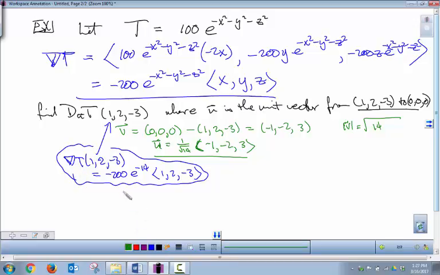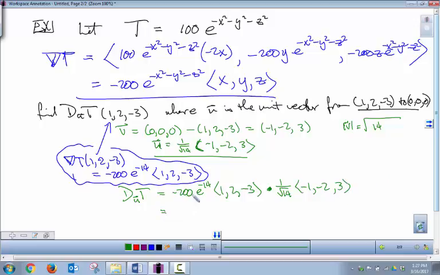And so to finally answer this question, your directional derivative in the direction of u is going to be negative 200 e to the minus 14, 1, 2, negative 3. And we're going to dot that with 1 over root 14, negative 1, negative 2, positive 3.